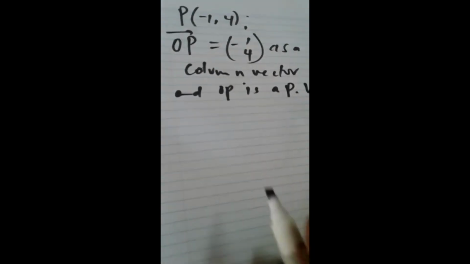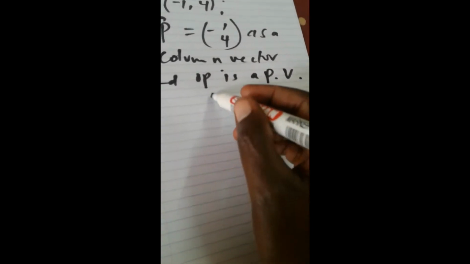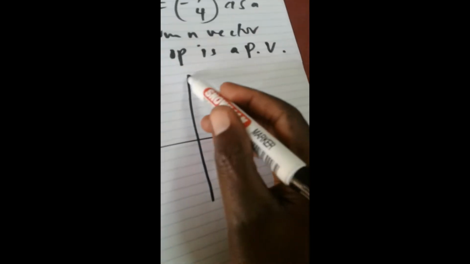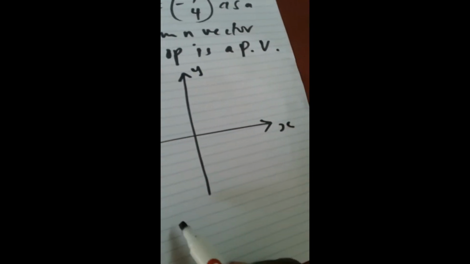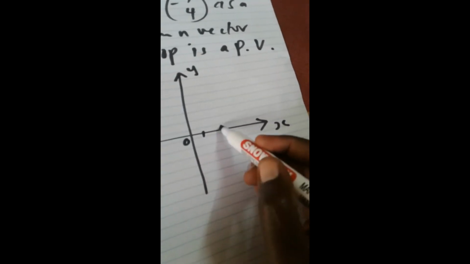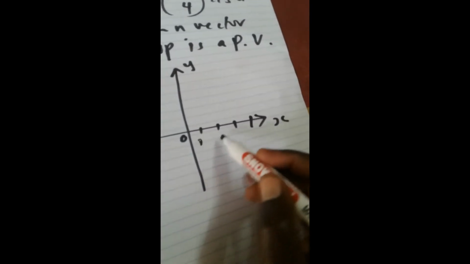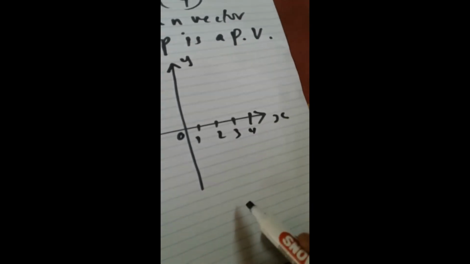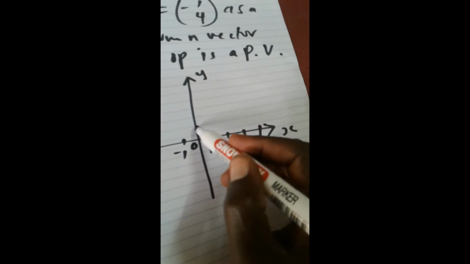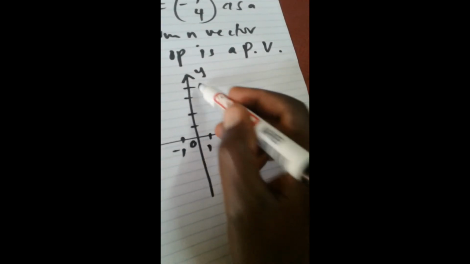Now, how do we get the position vector? Similarly, if this is the x-axis and y-axis, this is the origin, and you count 1, 2, 3, 4, -1, then 1, 2, 3, 4.